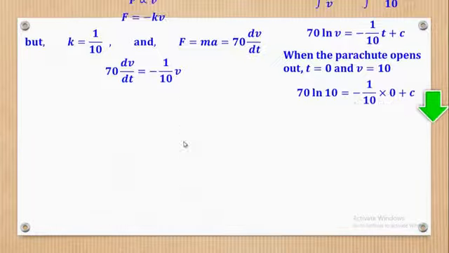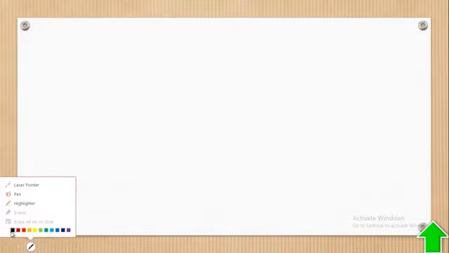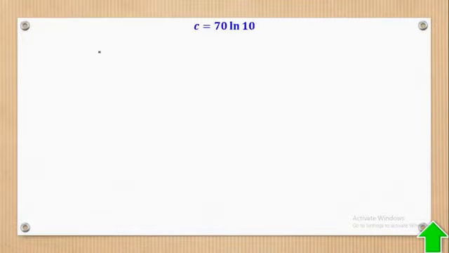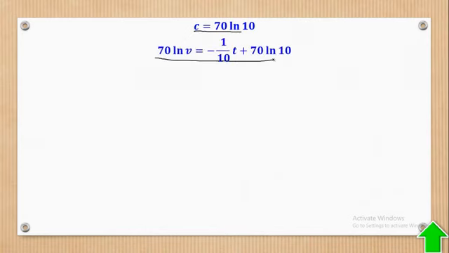When I simplify, I'll be able to get the value of c as that, therefore the equation becomes this. Simplifying further, it gives you that. What I've done is divide throughout by 70 to come up with this step.